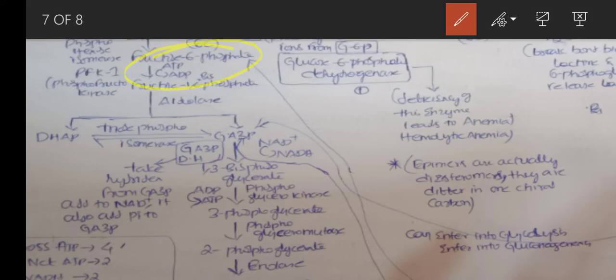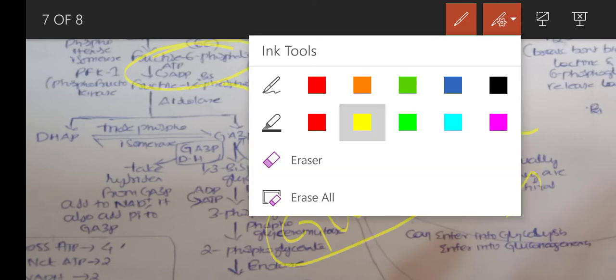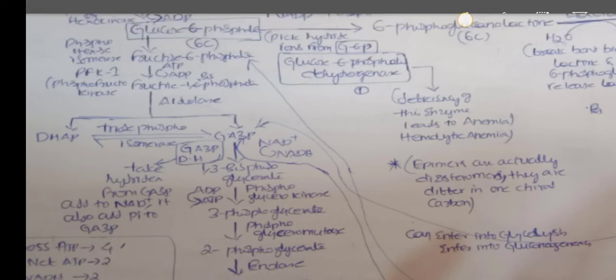So it can go through the glycolysis pathway and produce energy by using the Krebs cycle, or it may participate in gluconeogenesis, where it can produce glucose. There are two ways, right?